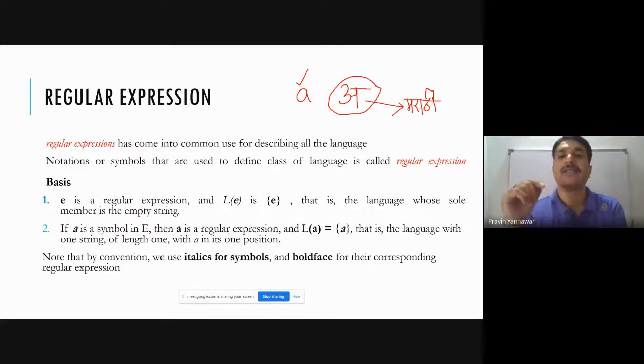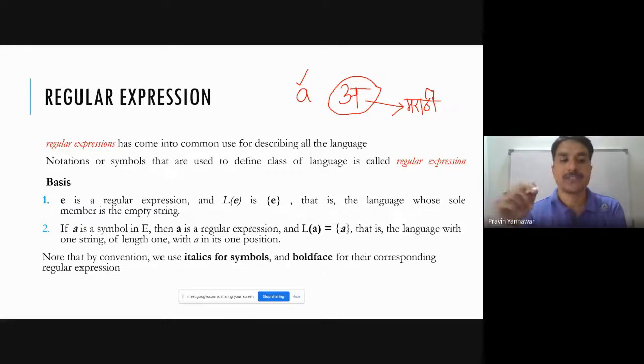And that is the language whose sole members are the empty string and E. Either you can make it empty, and in set theory, the empty set is a subset of all sets. The second basis is: if A is a symbol in the set of alphabet sigma, then A is a regular expression, and L of A is A itself.